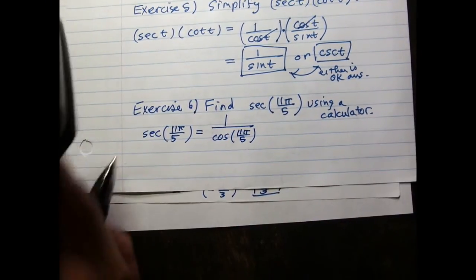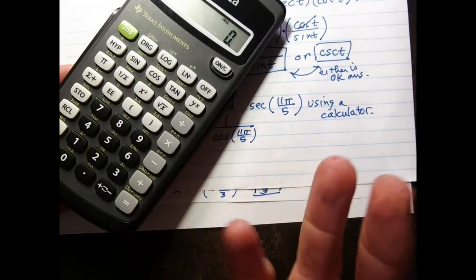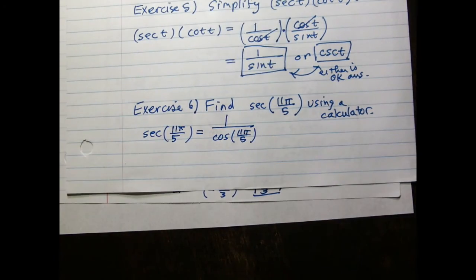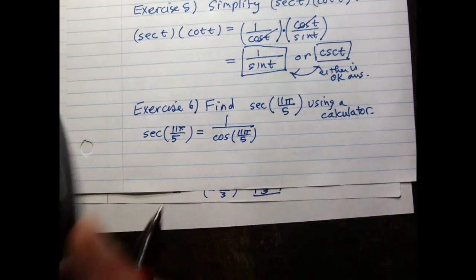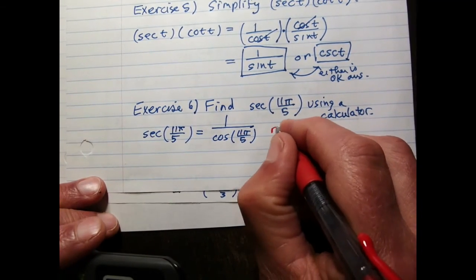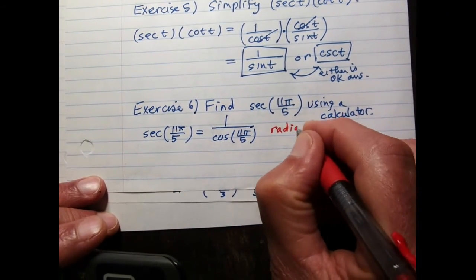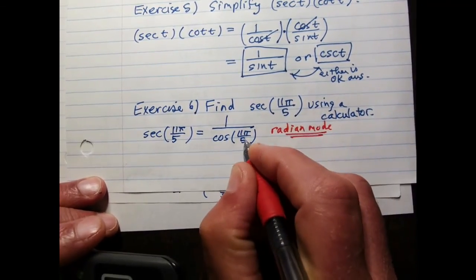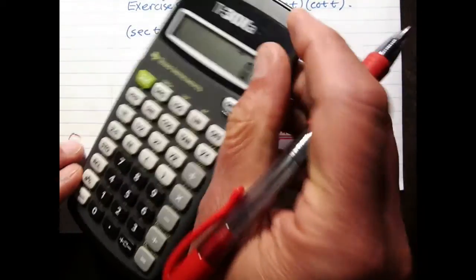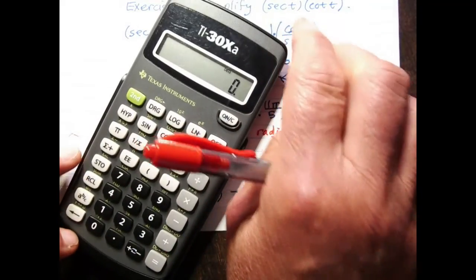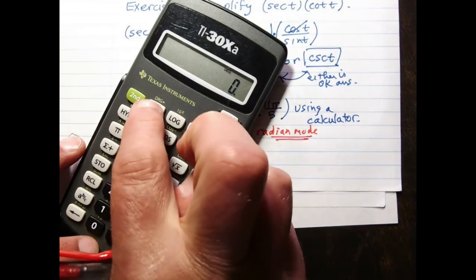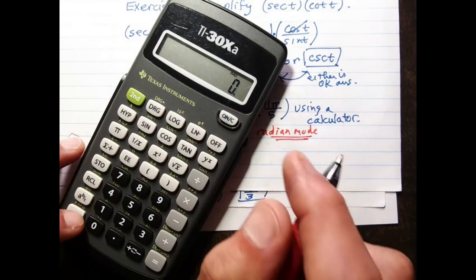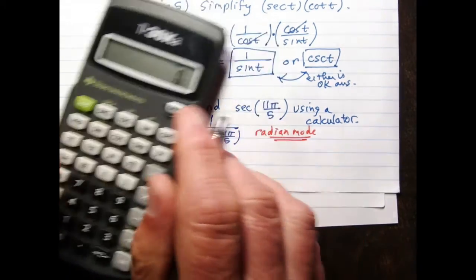So really all I got to do is use my calculator to figure out the cosine of 11 pi over 5 and take the reciprocal. Now I got to be in radian mode, because when no units are given, it's understood we're in radians, and my calculator is not actually in radian mode right now. Now it is. Switched it to radian mode.